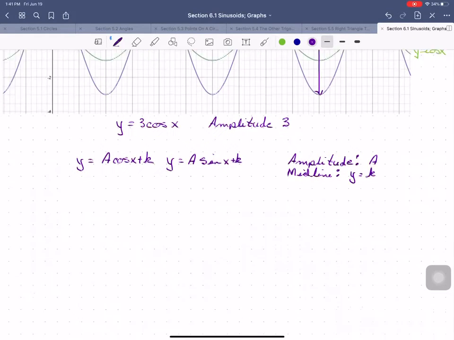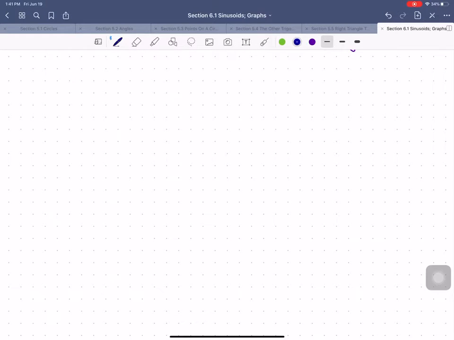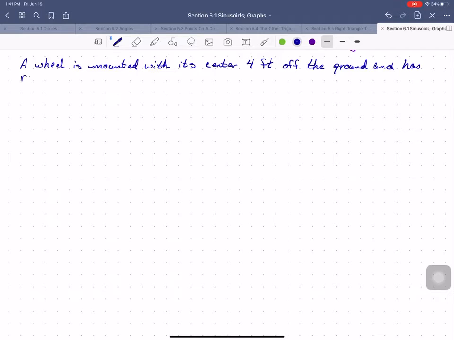So, suppose, for example, we were given a wheel that is mounted through its center four feet off the ground, and has a radius of 3 feet.